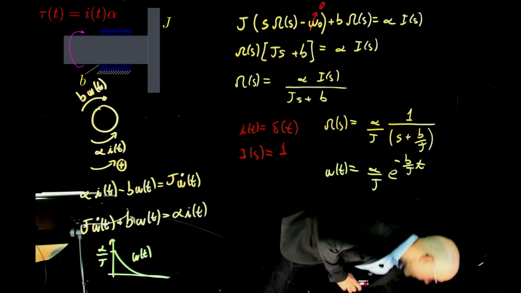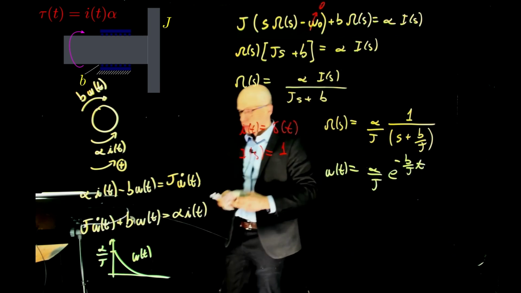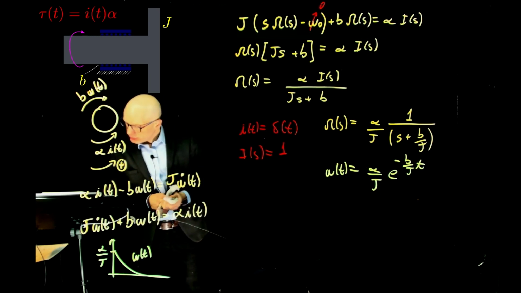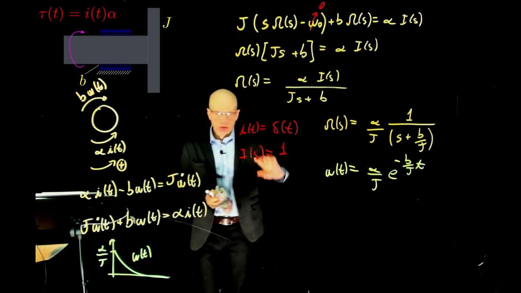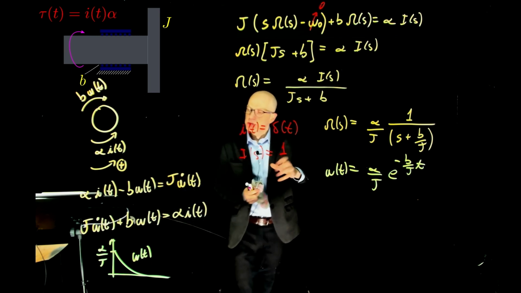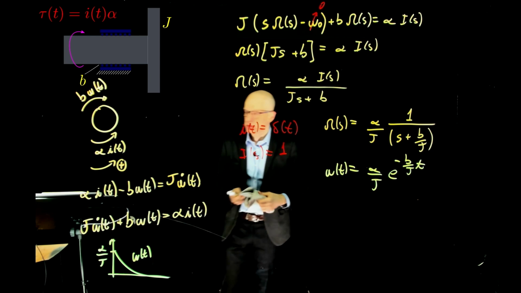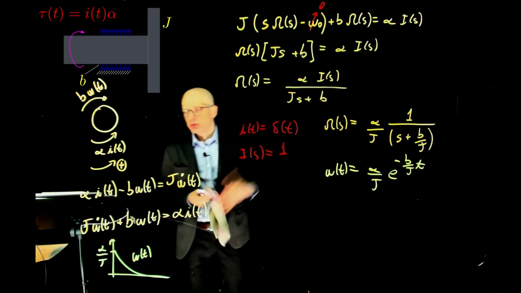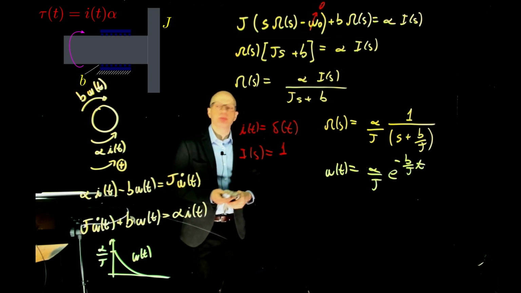The next question asks us to find the step response of the system. Now, instead of giving this current at time 0 and removing it, we are giving a current at time 0 and then holding that current constant. It says a unit step input, so the magnitude of the current is 1, but it's a step input now.